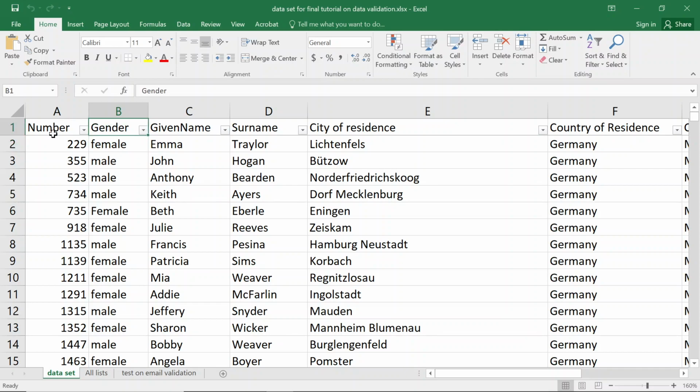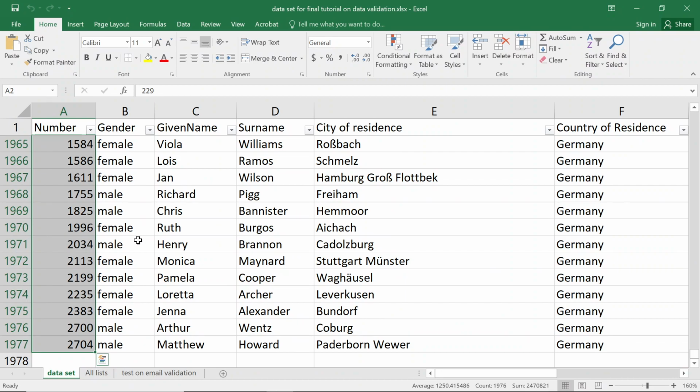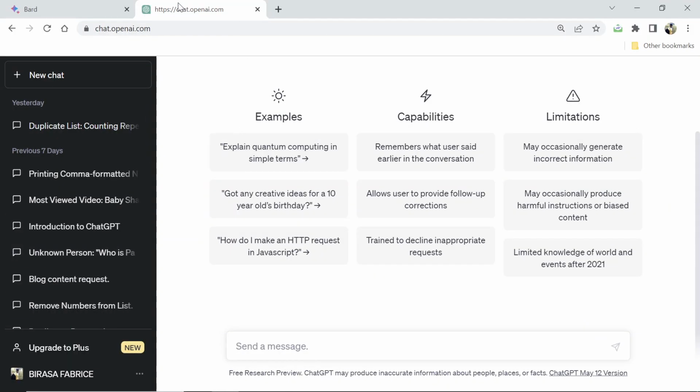I'm going to select it column by column. My dataset contains more than 1900 rows. I'm going to ask ChatGPT to summarize this dataset for me.